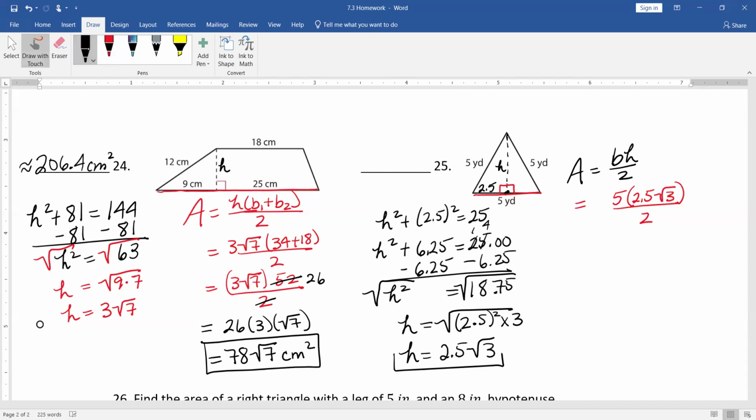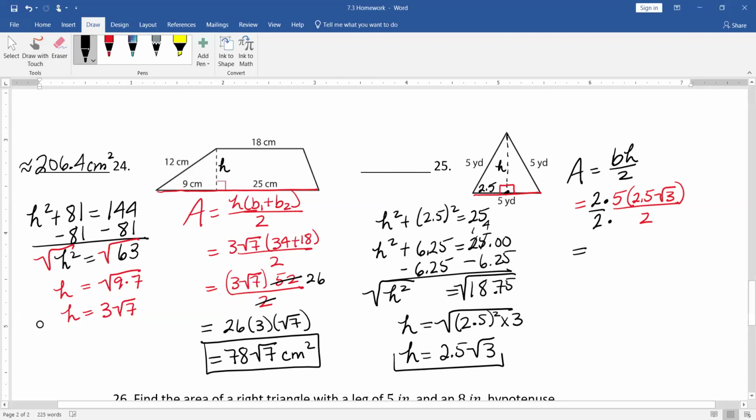To move a decimal, I have to multiply the 2.5 times 10, and 5 is a factor of 10. So I'm going to turn this 5 into a 10 by multiplying it by 2. If I do it to the numerator, I also have to do it to the denominator. So essentially I'm multiplying this fraction by 1 in the form of 2 over 2.